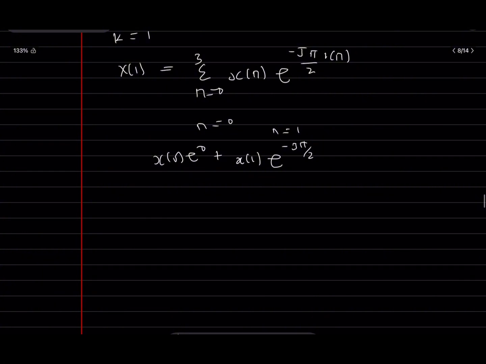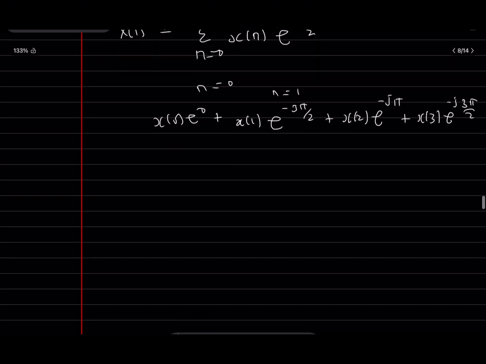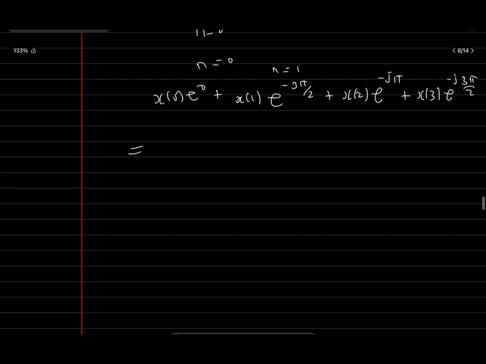And then plus if n is equal to 2, we get x of 2 exponent negative j pi, and when n is equal to 3, we get x of 3 exponent negative j 3 pi over 2. Now that we have 3 pi over 2, we simplify them.